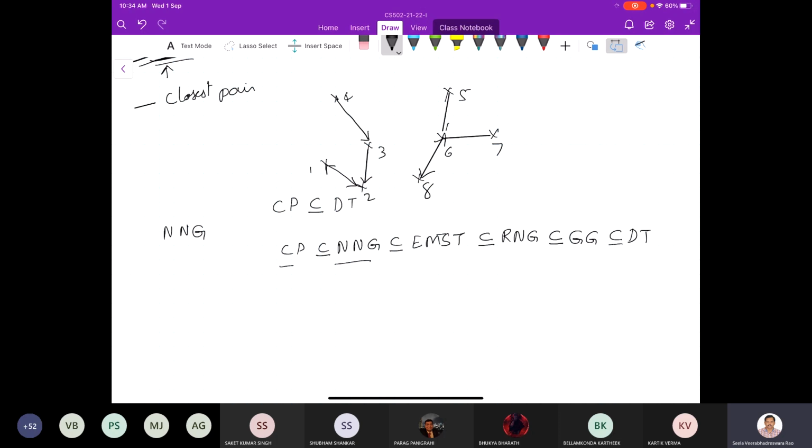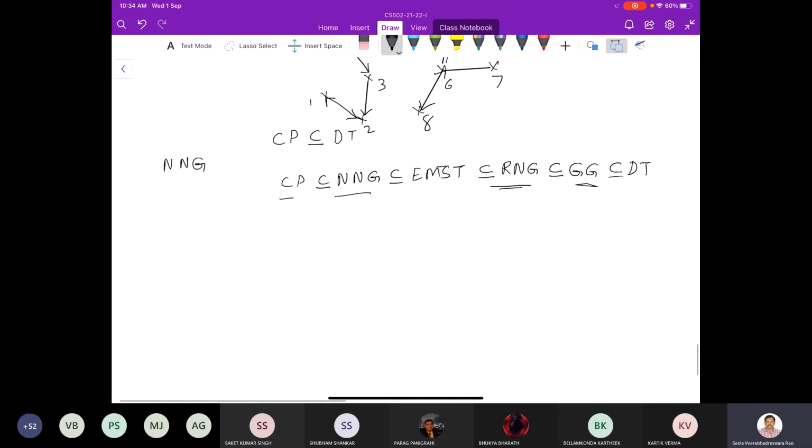Now, the relative neighborhood graph and Gabriel graph are defined here. For the relative neighborhood graph, your endpoints are given to us. We join two vertices by an edge if there exists a region defined by two circles.